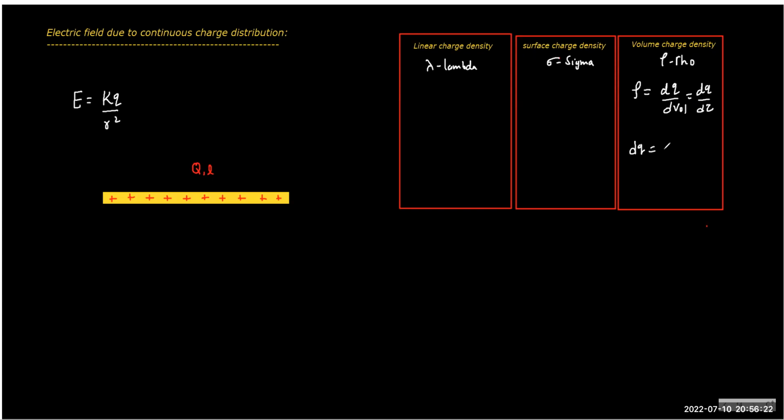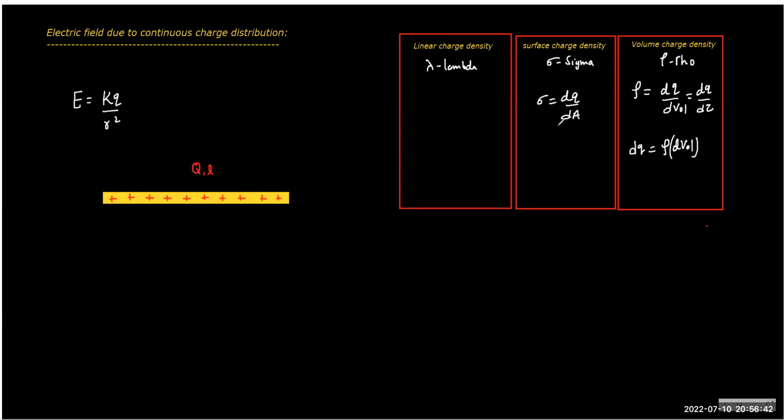So charge in a small volume will be density into the elementary volume. Similarly, what about sigma? It is charge per unit area. You can take a small patch on a curved surface or a flat surface, no matter what kind of shape.